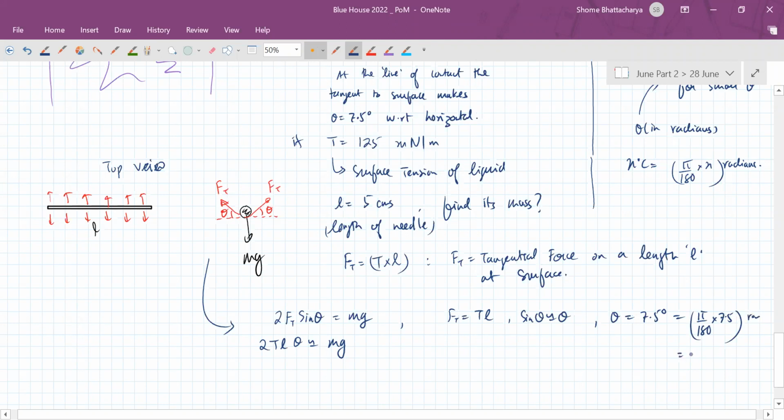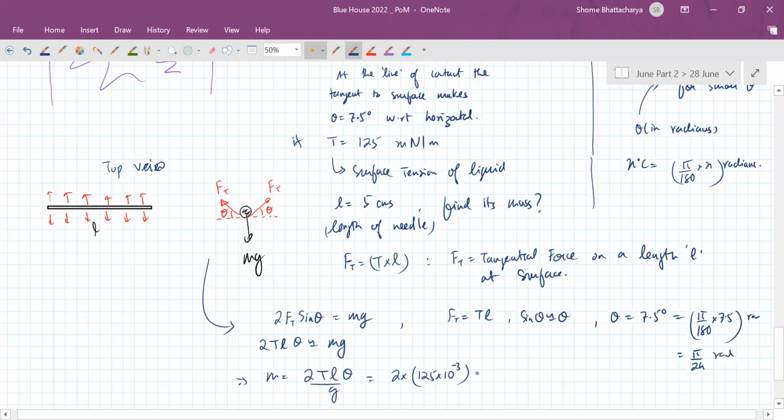So it will become so m will become 2 times TL theta divided by G. So 2 into what was our surface tension? 125 millinewtons per meter.